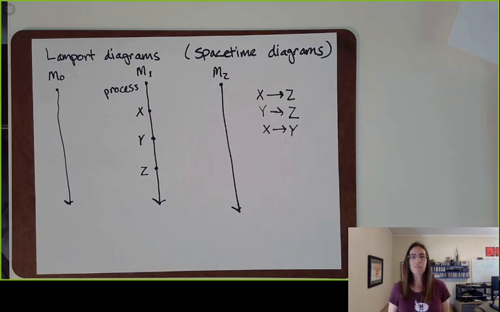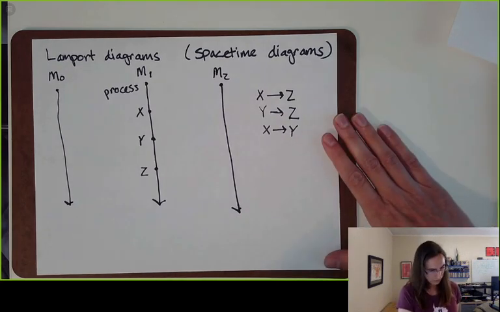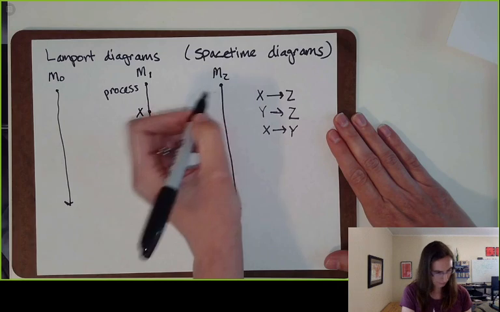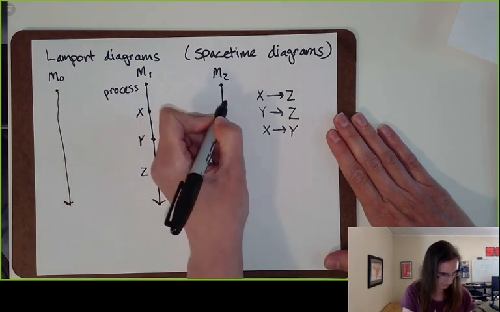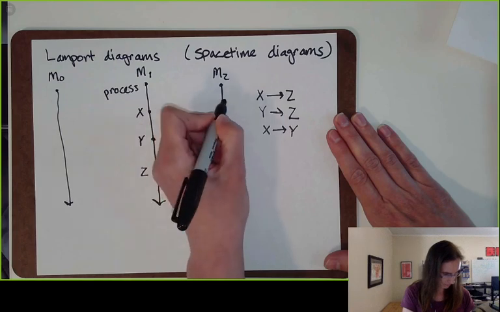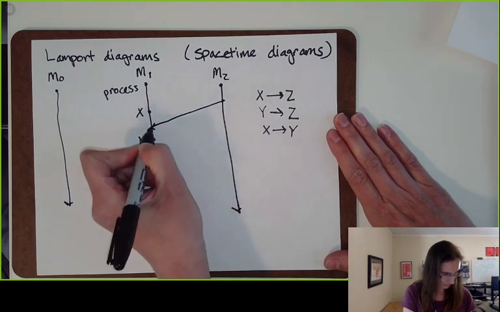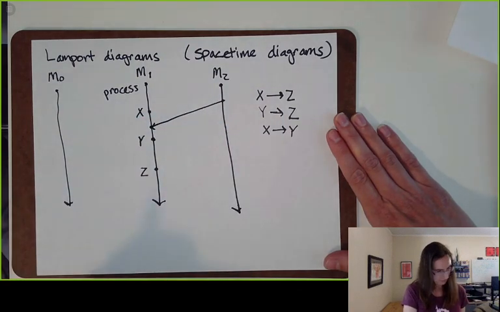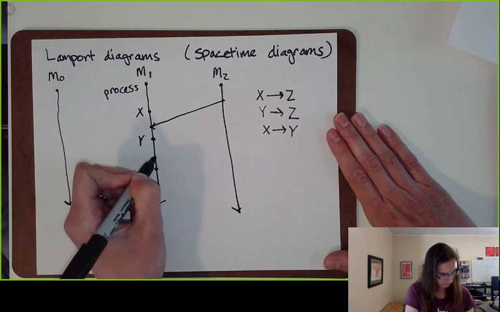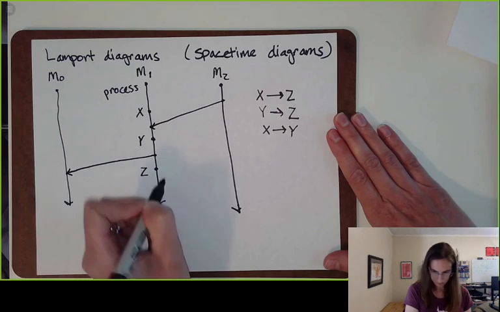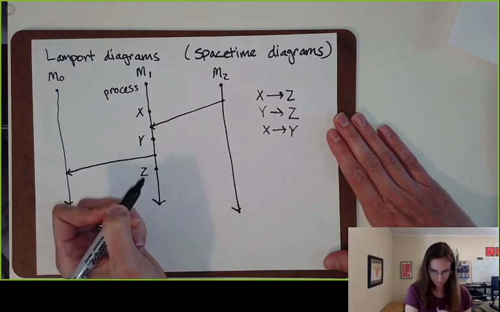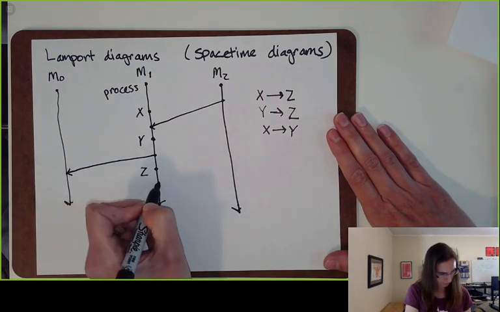And let's add some messages. So maybe M2 has a message that it sends to M1. Maybe M1 sends one to M0. Maybe M1 also sends one to M2.